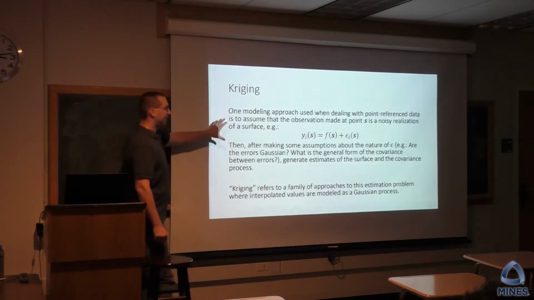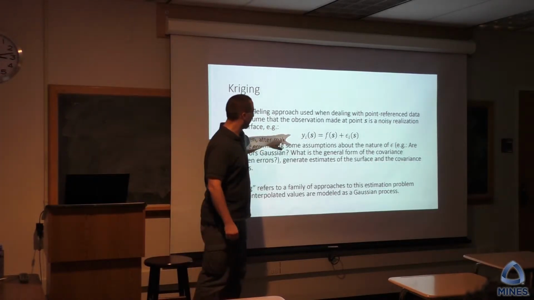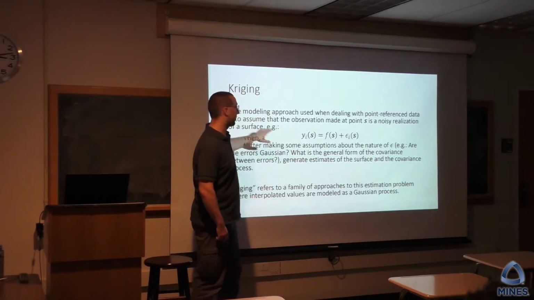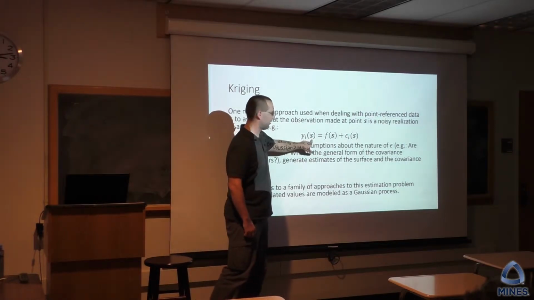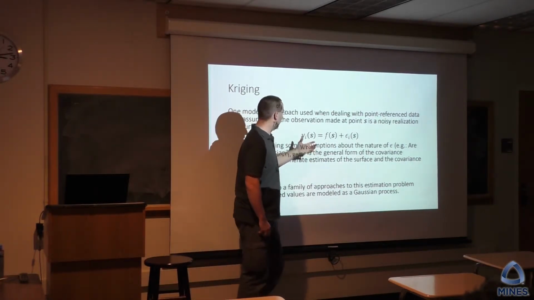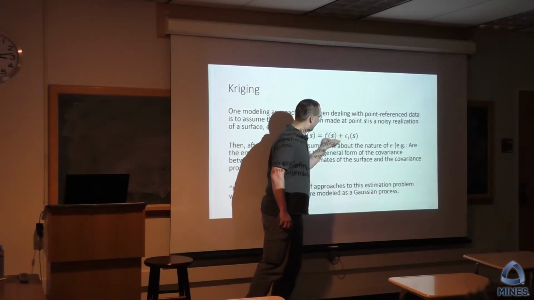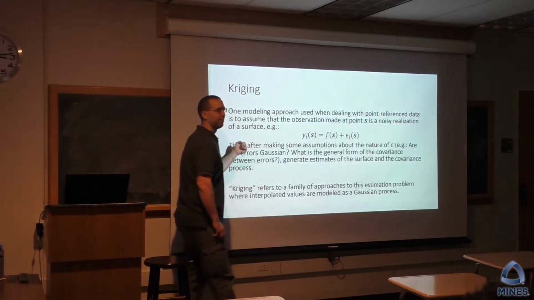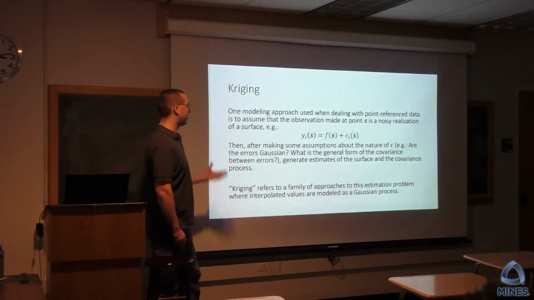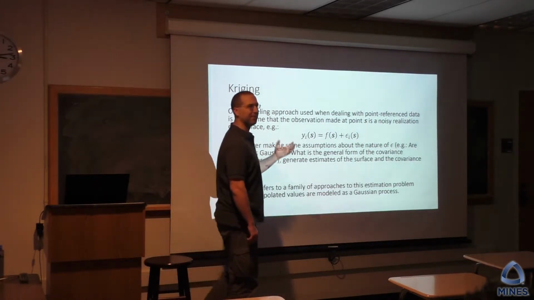One modeling approach, one formulation of it, is to say that these observations that we're seeing in space, and we're talking about point reference data here, right? These observations that we see in space, where S is a location in space, are actually noisy realizations of some underlying surface. This is one formulation of a more general random function kind of model, right?